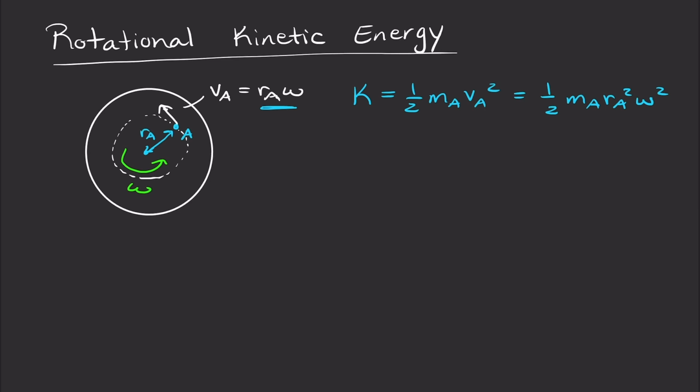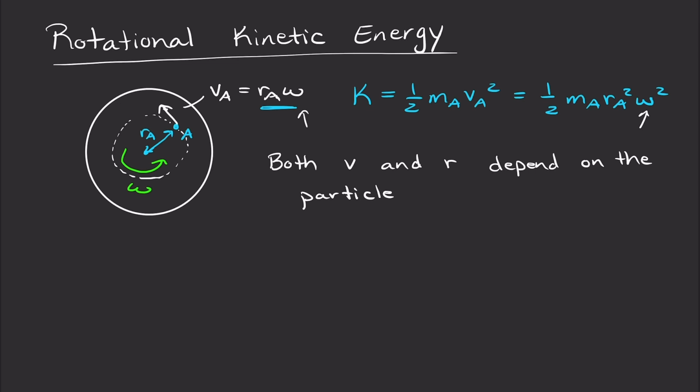One thing I want you to notice is I didn't put a subscript on omega. Both our velocity and the radius are going to depend on the particle. The particle that we chose, particle A, it's going to depend on where it is, and if I pick a particle that's further out, then as the disk spins, it has to travel farther.